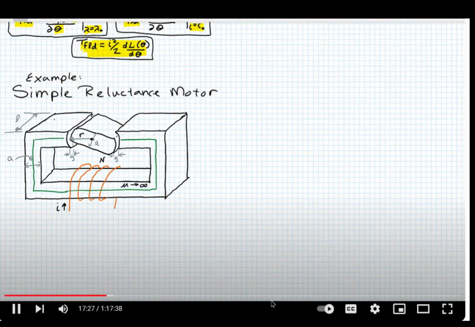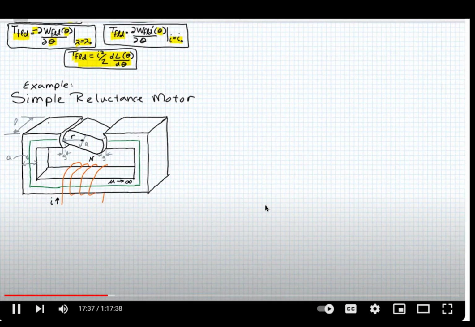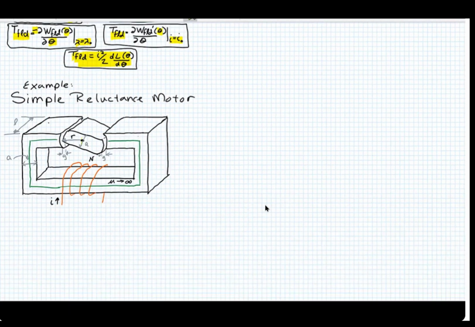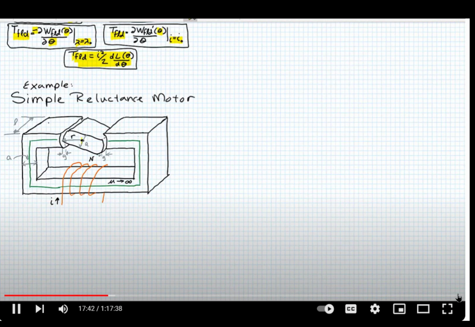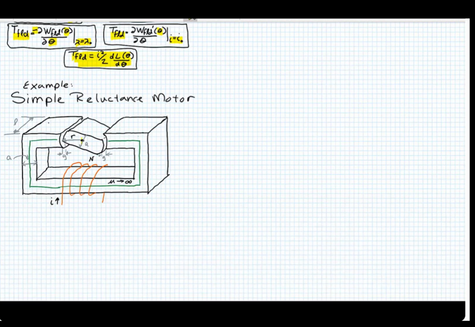One point I want to make about all of these examples is that we like to think about motors as rotating continuously, and that's actually a tricky thing to do. So in all of these examples, we're writing them in terms of scalar current values, an instantaneous value of current, like this current right here.